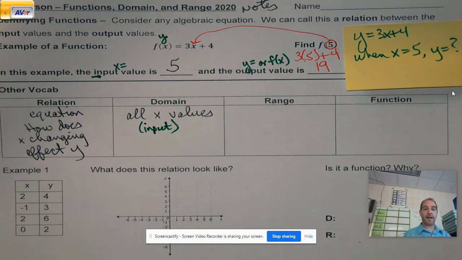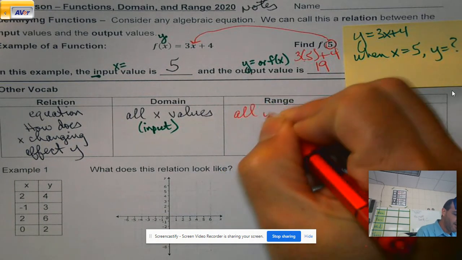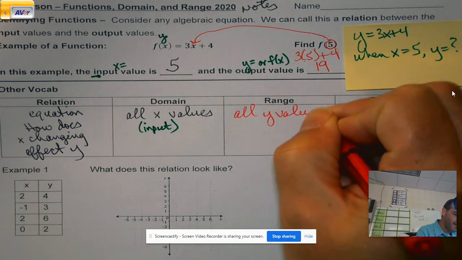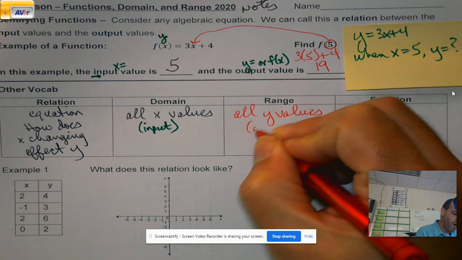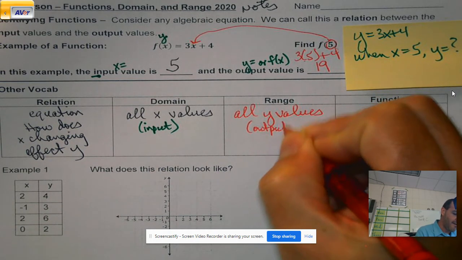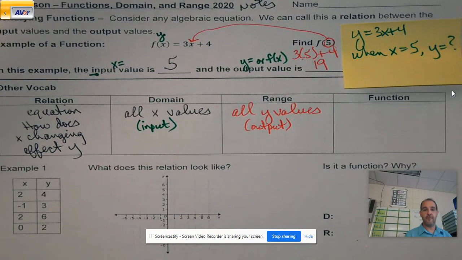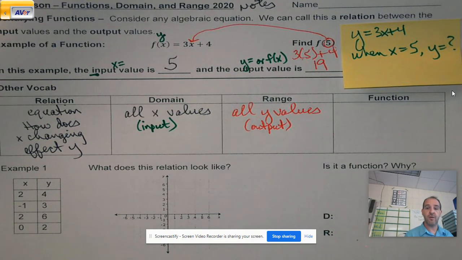Input and x are very closely related, more like brother, brother, brother, sister, sister, sister, something like that. My range is going to be all my y values, all of my output values. Once I know what all the x values are, I can figure out what y is, and that would be my range, my y values.